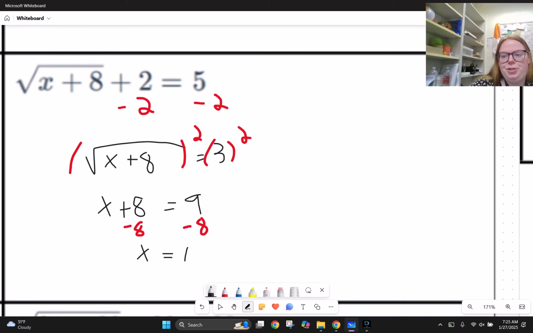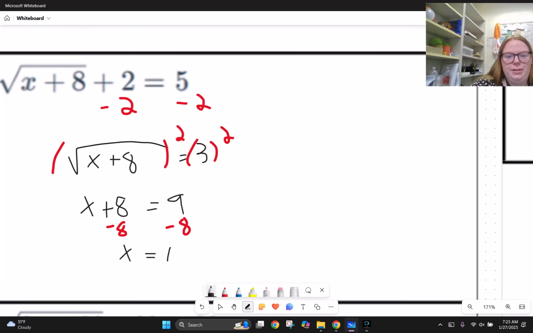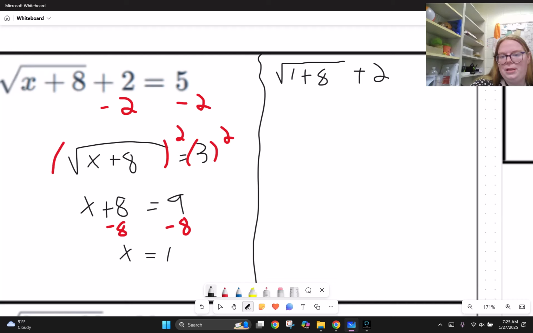Finally, I will need to check to make sure that is not an extraneous solution. So I'm going to split my box in half here. And I've got the square root of x plus 8. X is now 1. That's the solution we found. And then we've got plus 2. And hopefully that equals 5. 1 plus 8 is 9.